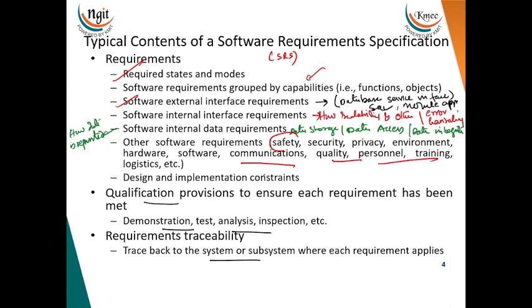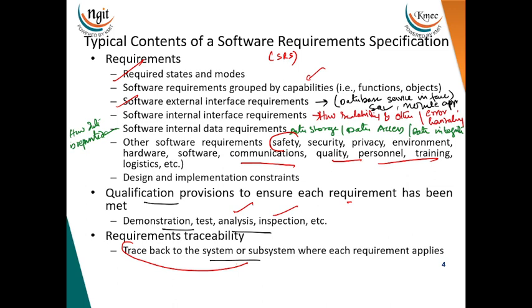And qualification provisions ensure that each requirement has been met, and give you documentation saying that each requirement has been met. Demonstration covers the test, analysis, and inspection parts, and each requirement is also traceable, means you can find out where.